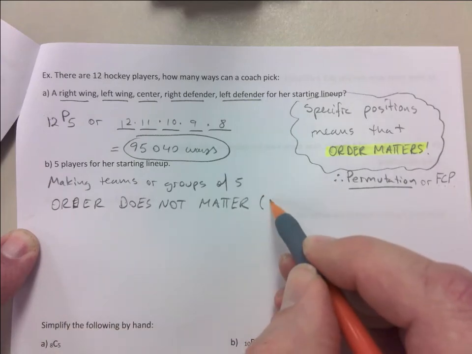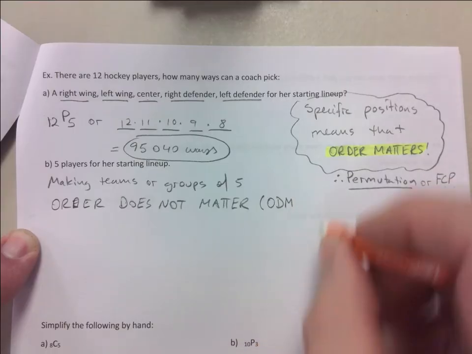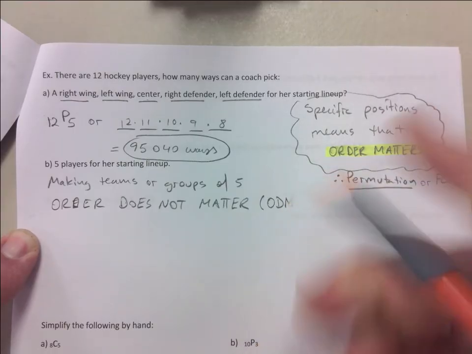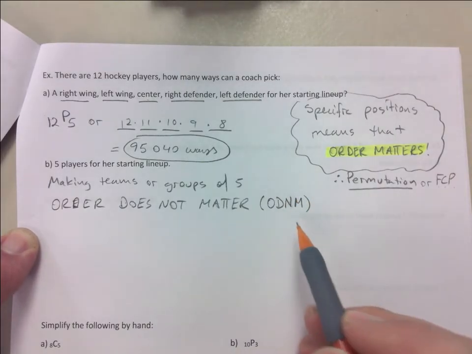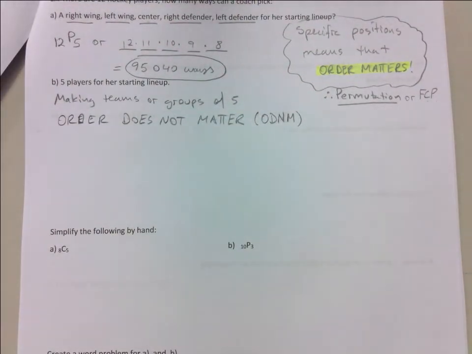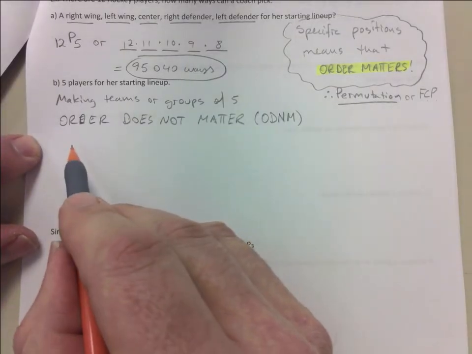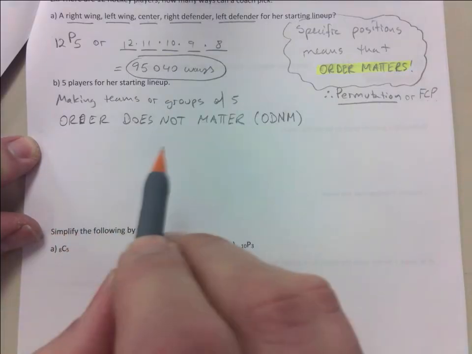I will actually do the ODNM. Order doesn't matter quite often. So in this case, you can't do the slots, you can't do the fundamental counting principle.